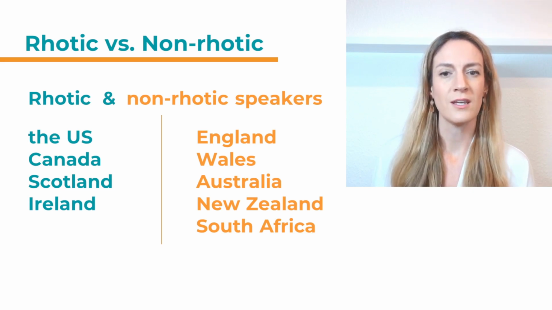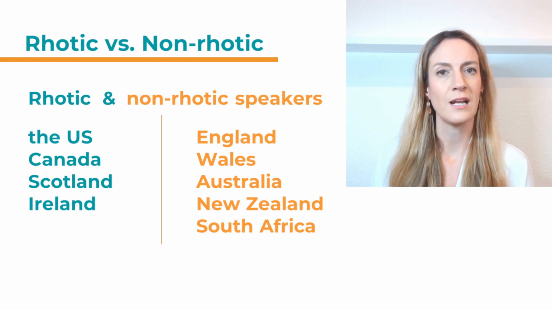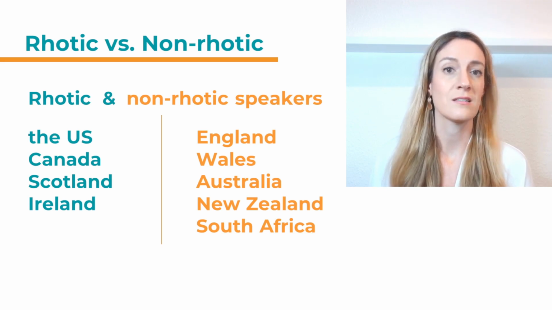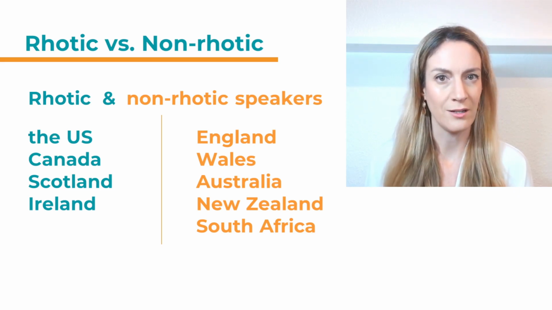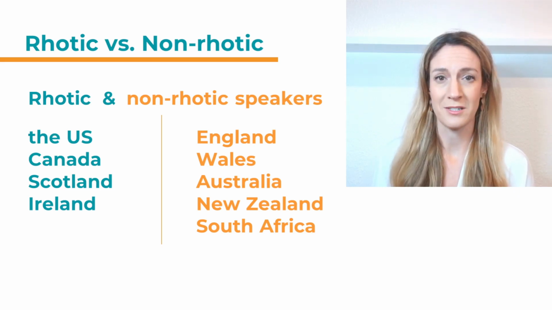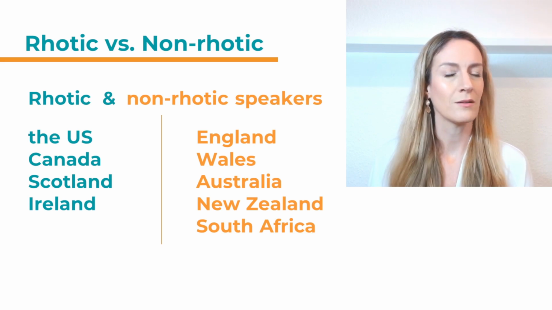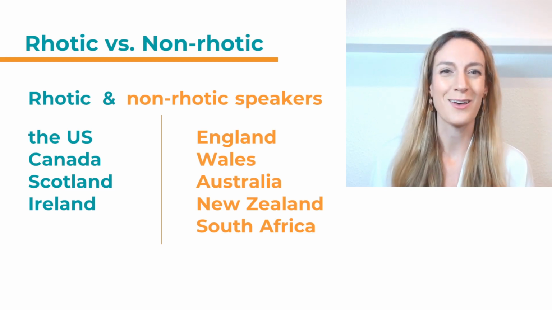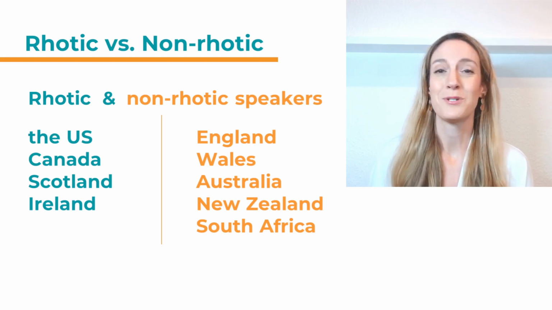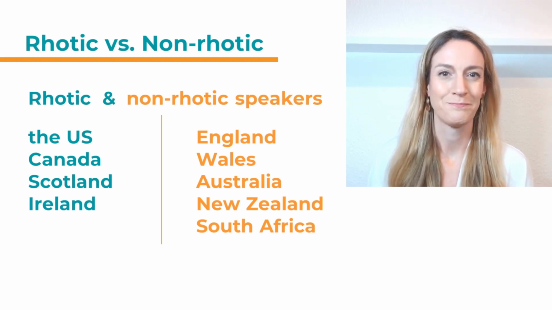And non-rhotic is more in England, Wales, Australia, New Zealand, and South Africa. However, this is a generalization. There are sometimes differences as well. And we live in a global world. People mix and they take their accent with them.